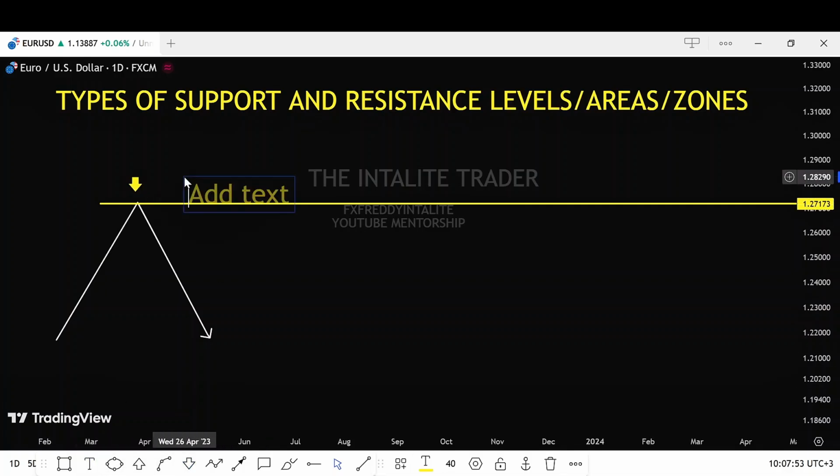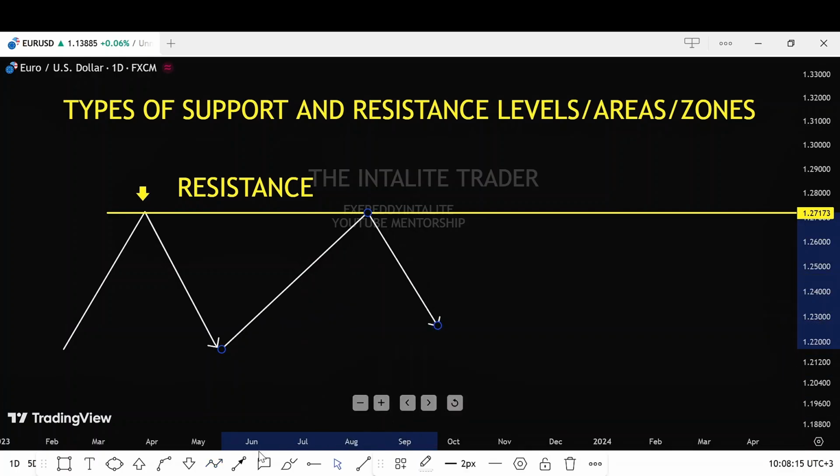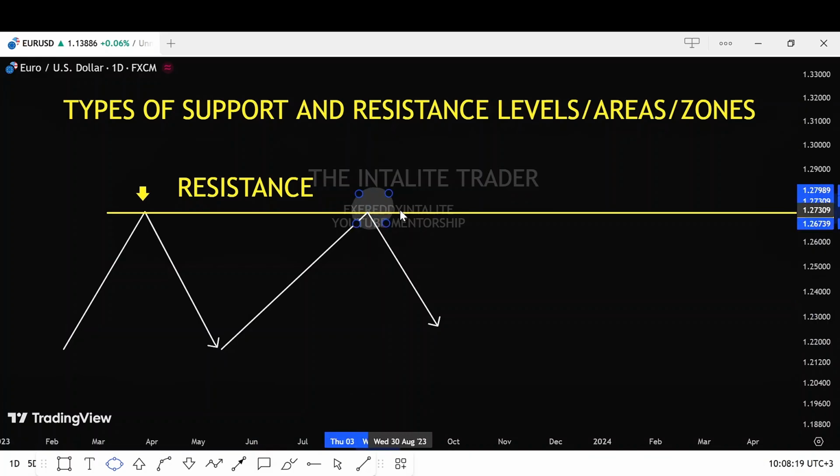Let's say this is my resistance. So this is a resistance. Then when price comes back into the same level in the future, you expect to see possible trade opportunities. So when price comes back in this same area in the future, then you look for possible trade opportunities.